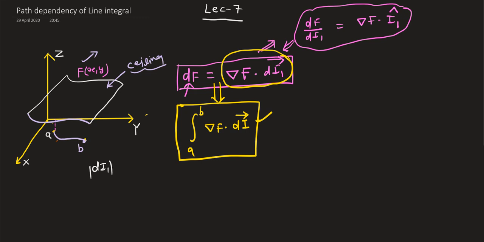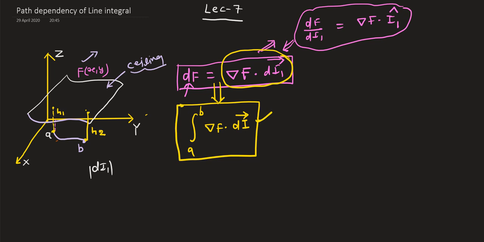Okay, now if I want to find the change directly from point A to point B, we can say the height of this function at point A is given by h1, and at this point B the height is given by h2.